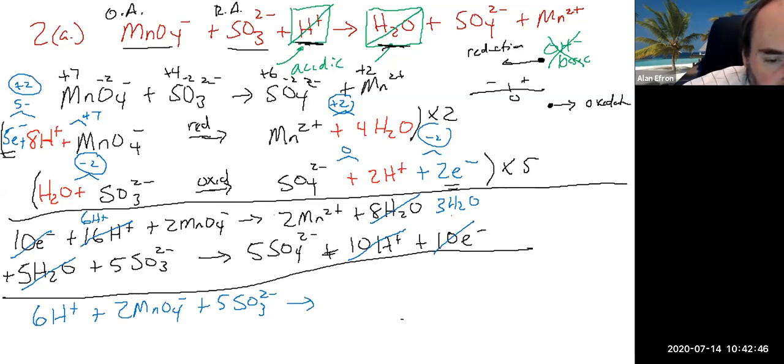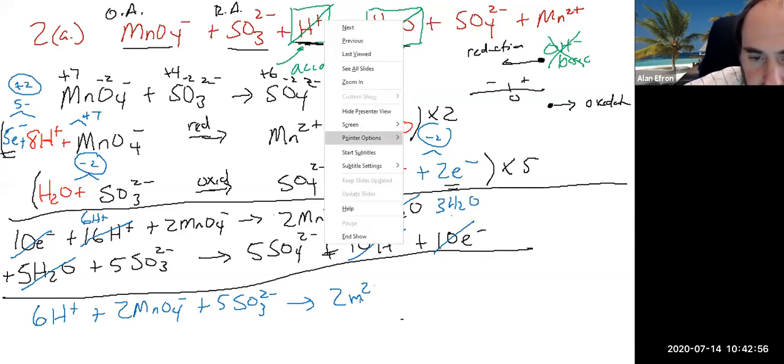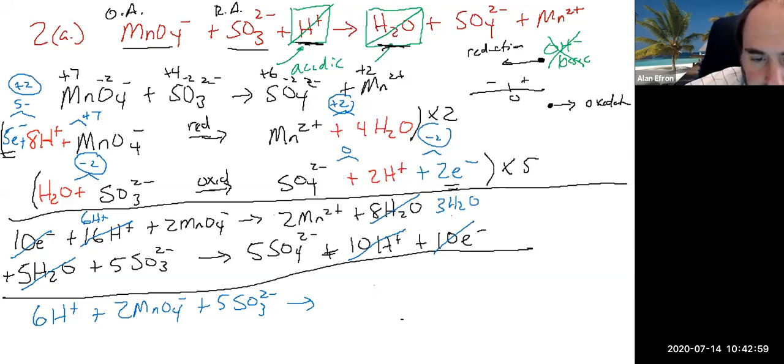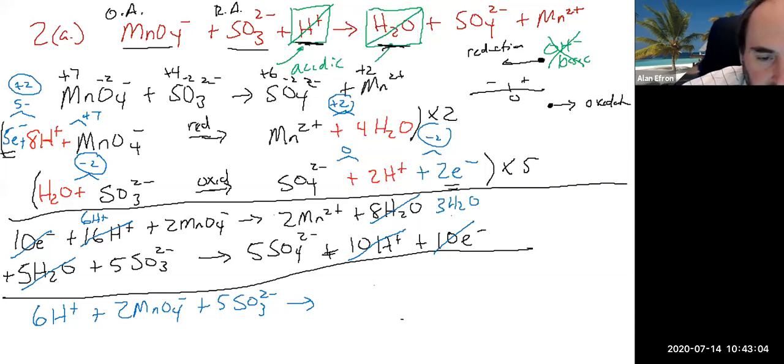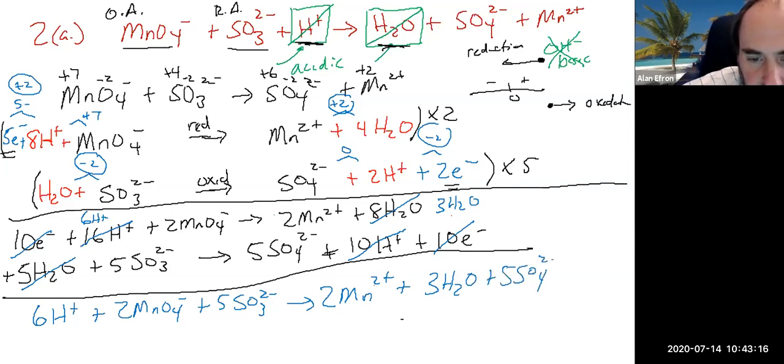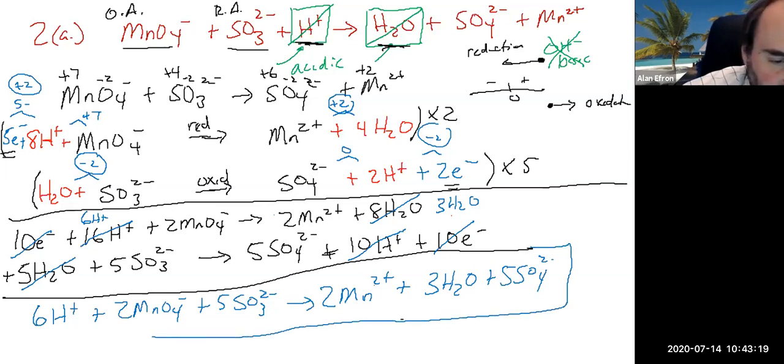Now we're going to do everything on the right-hand side of the arrow, which is 2 Mn2 plus 3 waters that didn't completely cancel, plus 5 SO4 2 minus. Now, if I did this correct, we should be balanced both ways.